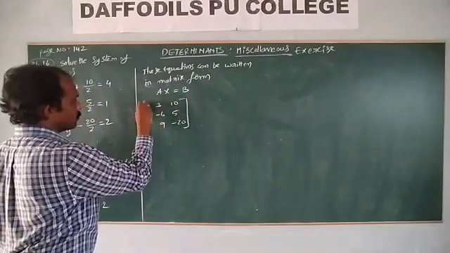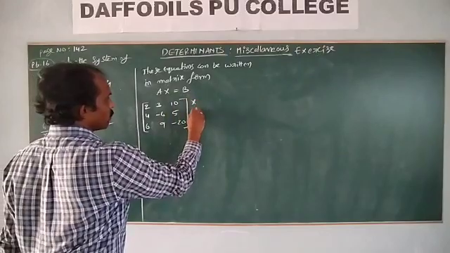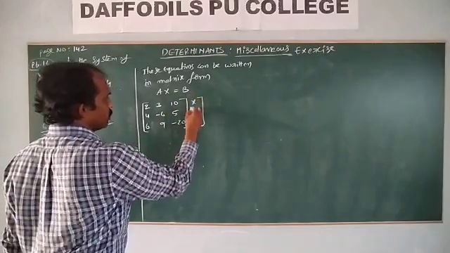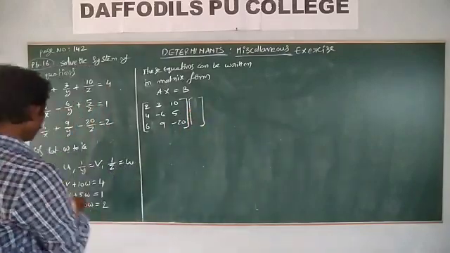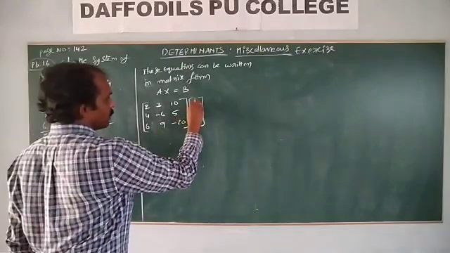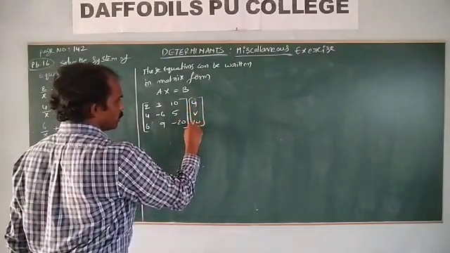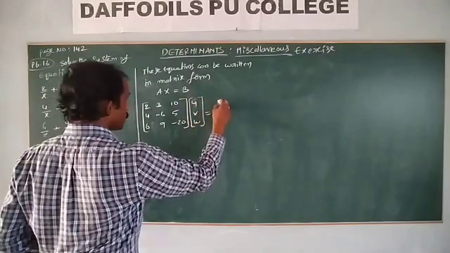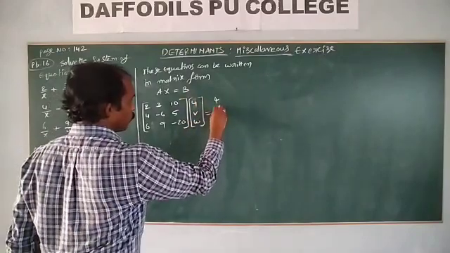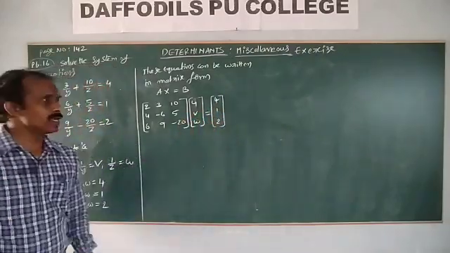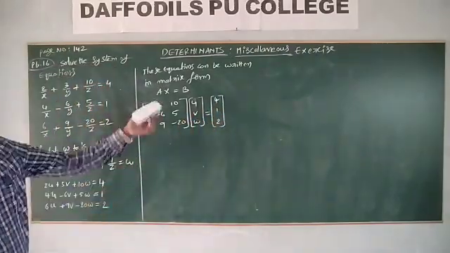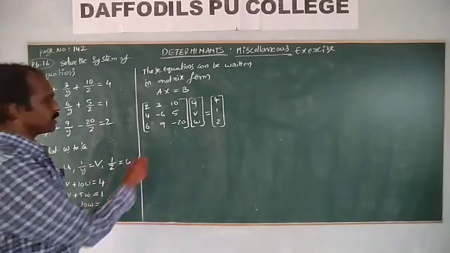What is X? Let it be u, v, w. Here B is the vector matrix 4, 1, 2.